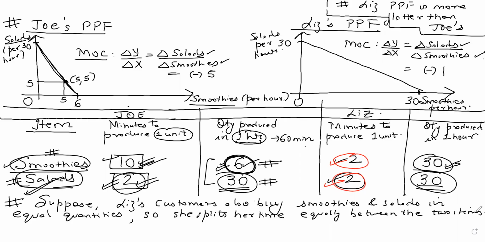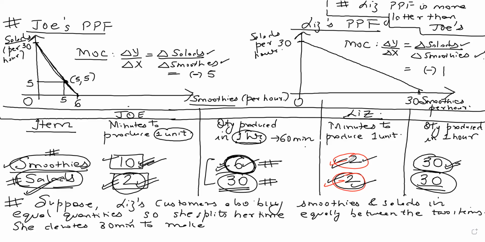Because for Liz, she takes 2 minutes to make one smoothie and 2 minutes to make one salad. That means Liz takes the same time to make a smoothie and a salad. If she has 60 minutes with her, I can say that she devotes 30 minutes to make smoothies.